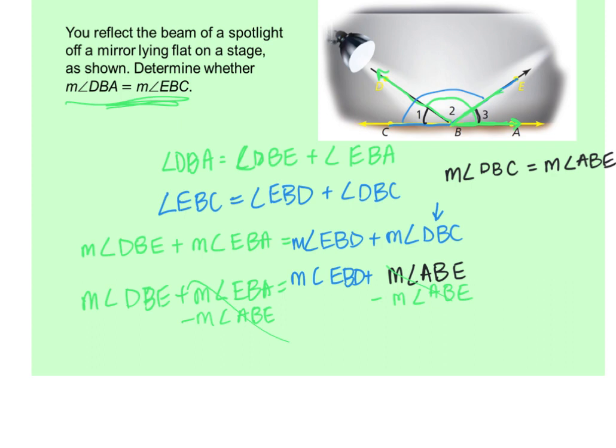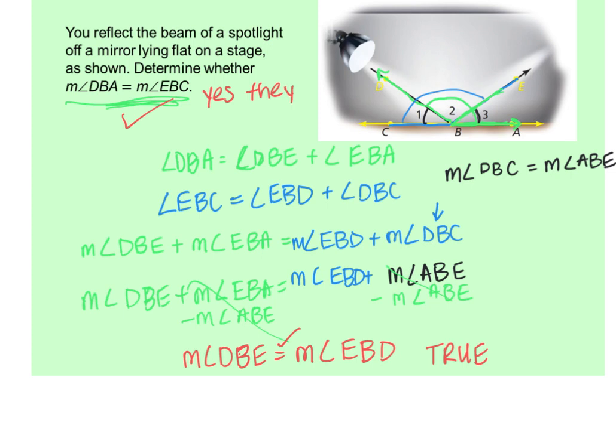So then it's going to say the measure of angle DBE is equal to the measure of angle EBD. And these are also the same angle, okay? They're just written in different forms. So if we can check them off saying that this is yes, this is true, therefore our original statement, which was this, is true as well. So yes, they are the same measure.